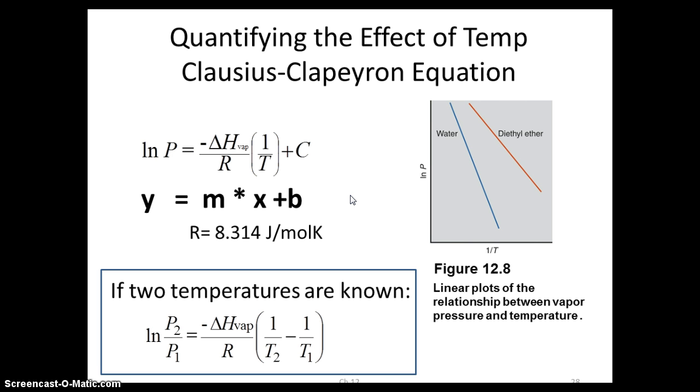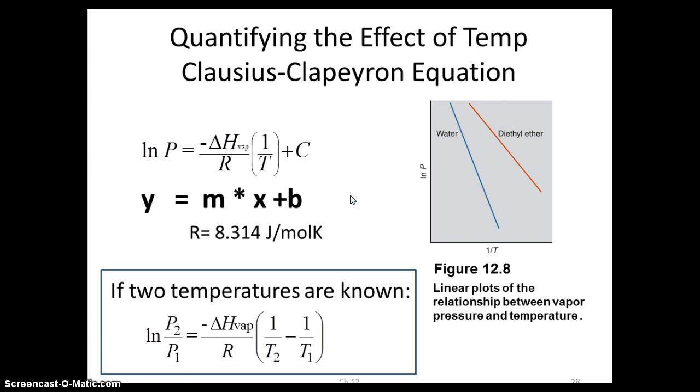So I'll say that again. What is the delta H vaporization of a liquid that has a vapor pressure of 621 torr at 85.2 degrees Celsius and a boiling point of 95.6 degrees Celsius at 1 atmosphere? So you're free to pause the video and work on that, or you can work on these questions after you watch the videos.